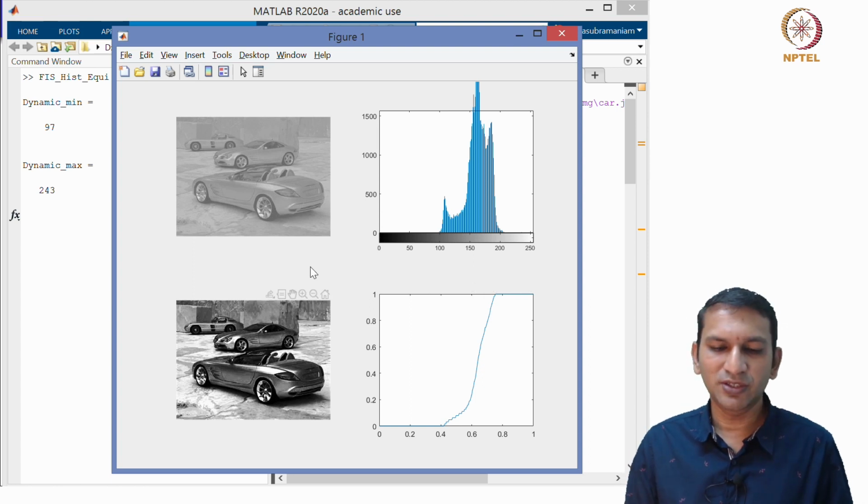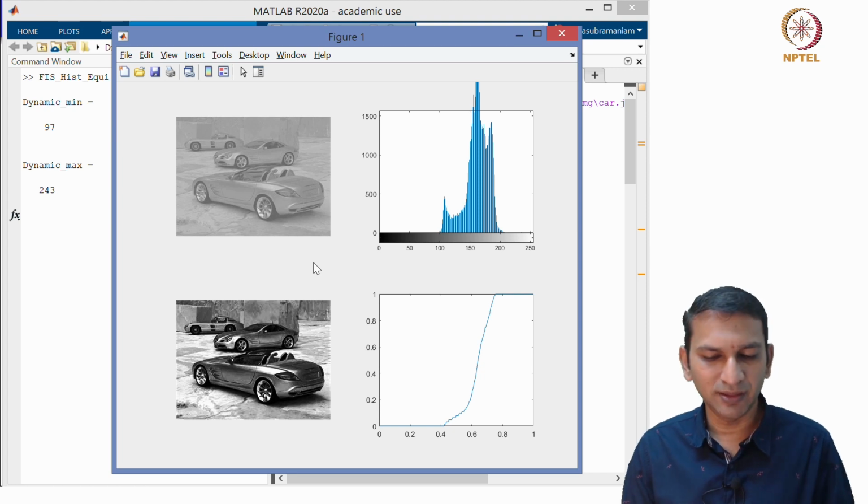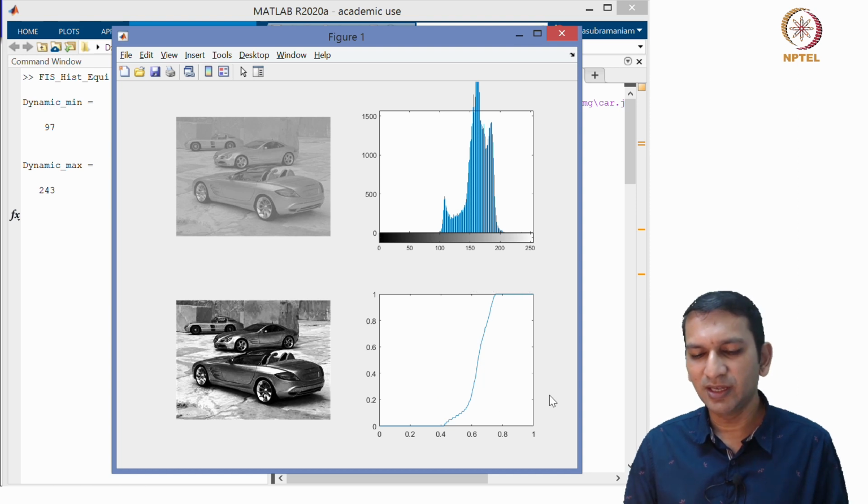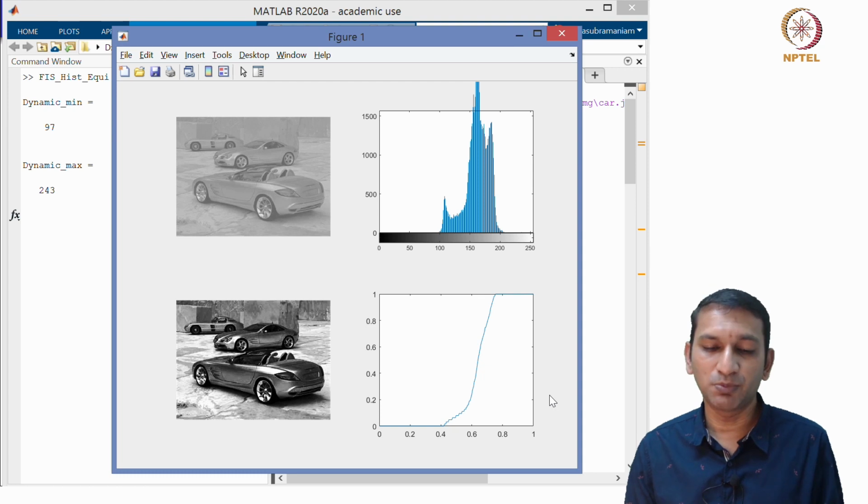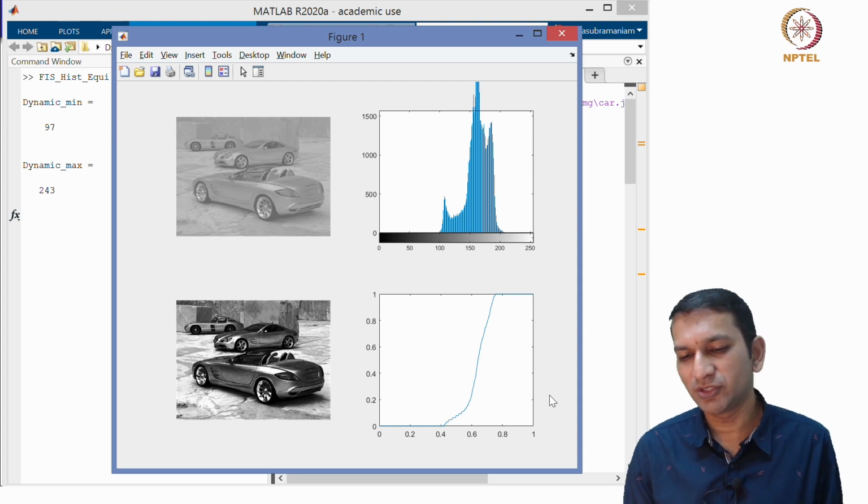We have seen this image, which shows much more detail of what is there in the picture, and what we have here is essentially the monotonic transformation that the histogram equalization has performed on the pixel intensities of this image.